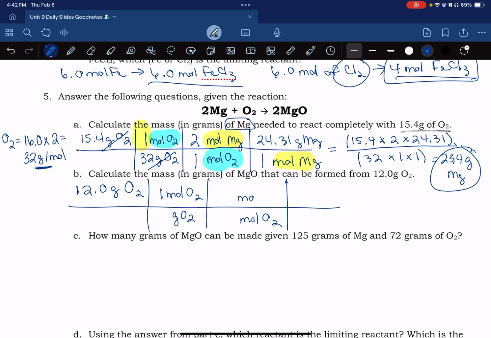So I know this is my mole ratio step, and now I need to make that leap from diatomic oxygen to magnesium oxide. So now I've got that there, and I'm going to copy that unit. Okay, magnesium oxide. And on the top, I need my molar mass, which is going to be in grams of magnesium oxide.